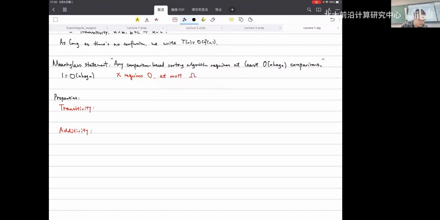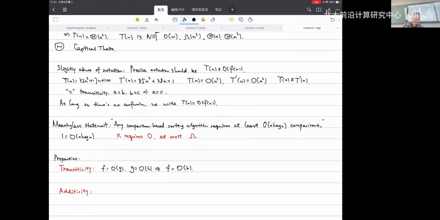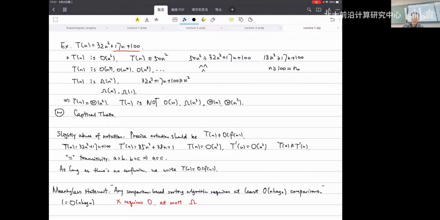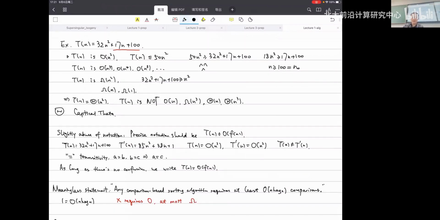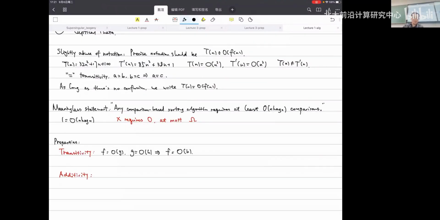What do I mean by that? F equals O of G and G equals O of H implies F equals O of H. This is probably straightforward. If T(n) here is O of n squared, and something that is O of n squared is O of n cubed, then of course T(n) is going to be O of n cubed.